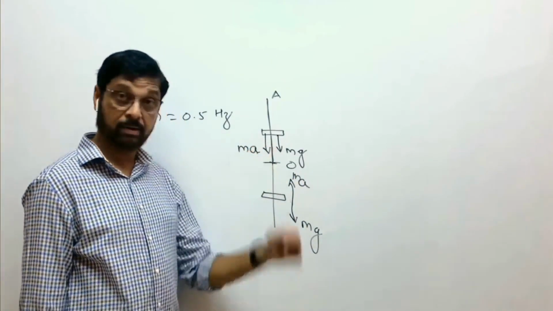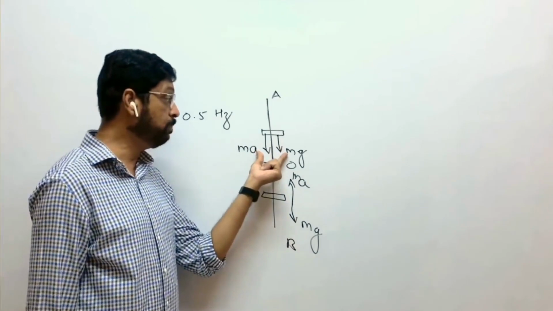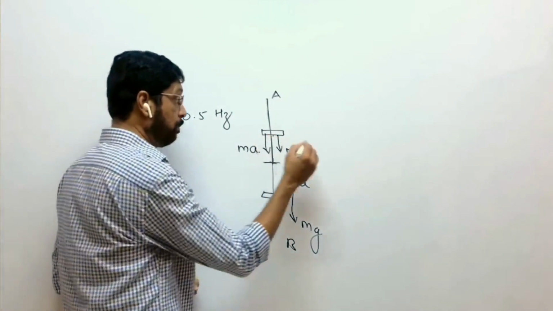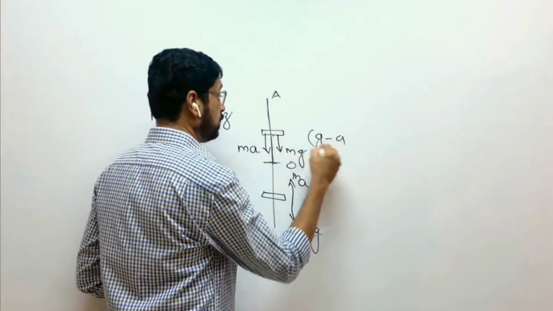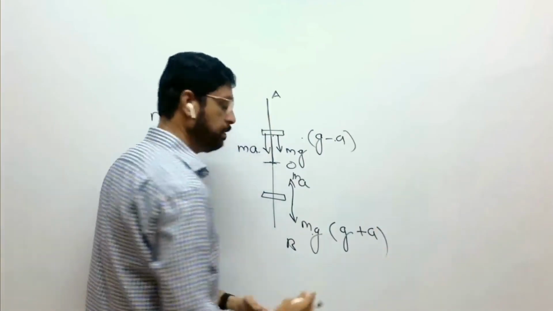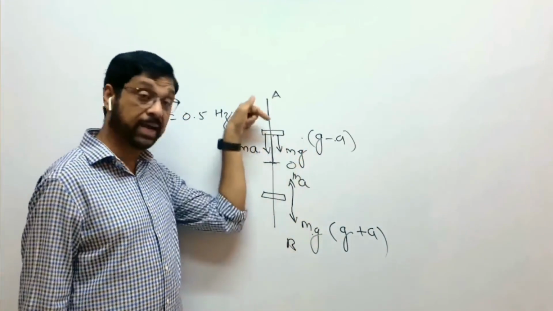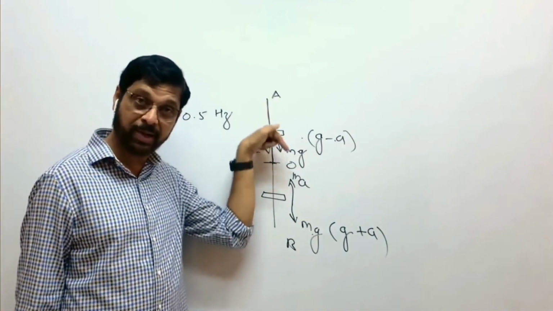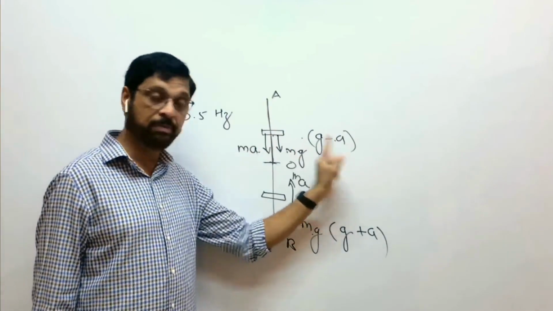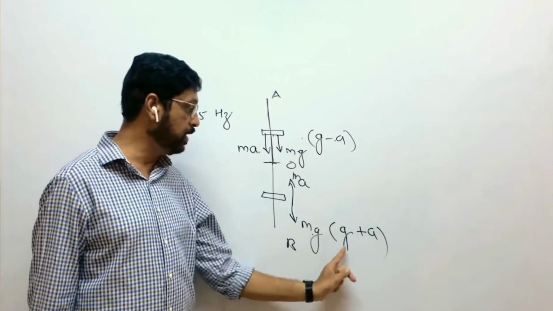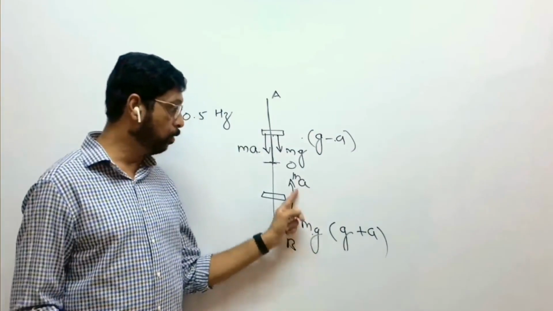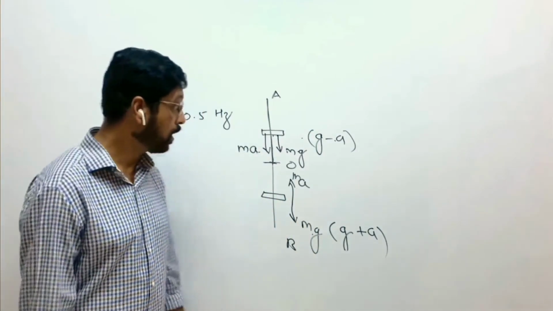Here what will be the net acceleration? Here both accelerations are in the same direction, so the net will be g plus a. Here it will be g minus a, in opposite directions.